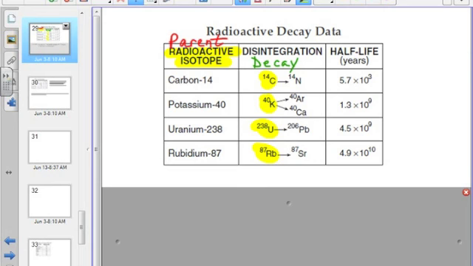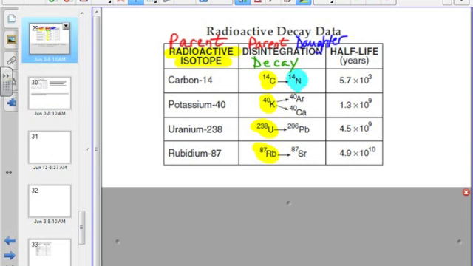Those are what we have recognized as the parent elements. So we have the parent, but then an arrow which shows us the change, the disintegration, the decay, into, at the other end of the arrow, the stable daughter product. And so the daughters are listed here for each of our parent elements.